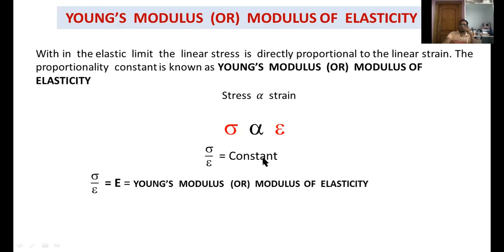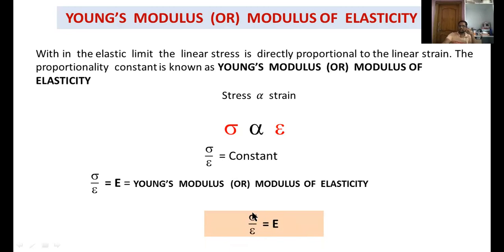Then the proportionality constant is called modulus, Young's modulus. Young's modulus is denoted by symbol capital E. So the formula for Young's modulus or modulus of elasticity is capital E equal to sigma by epsilon.